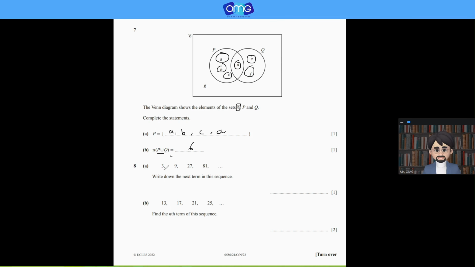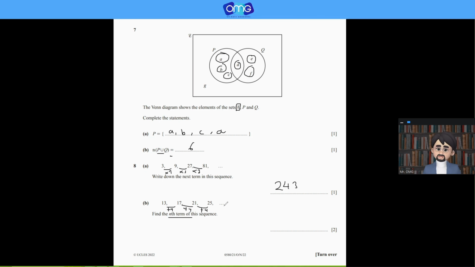Next, number 8. Write down the next term of this sequence. This is times 3, times 3, times 3, so the next one should be 243 because 81 times 3 is 243. Find the nth term of this sequence. This is plus 4, plus 4, plus 4.